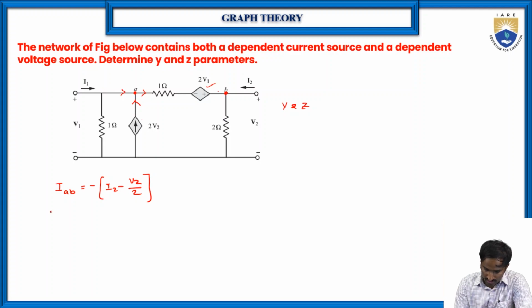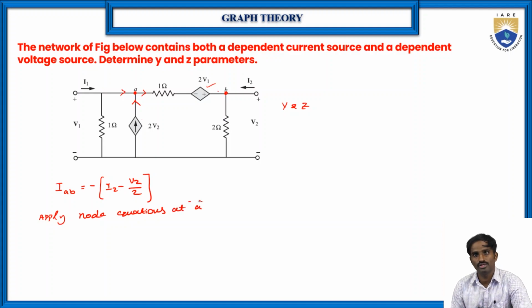Now we apply the node equations at A. Then here the current I1 is entering, and I1 is equal to, of course this node is the same, V1 by 1, which is nothing but V1.